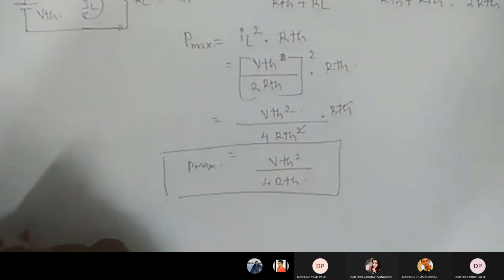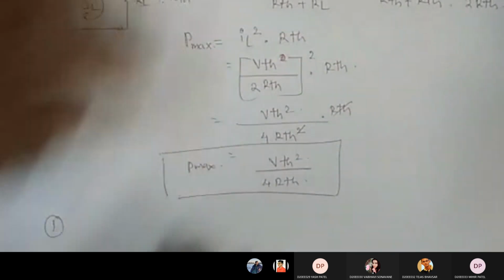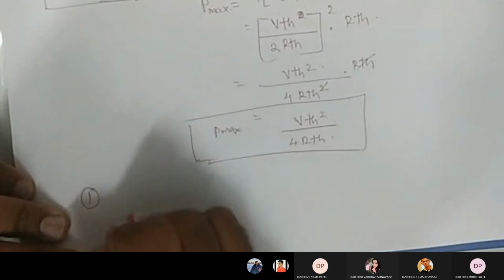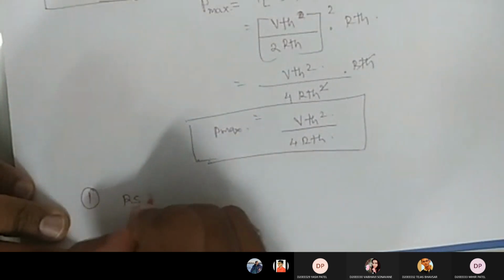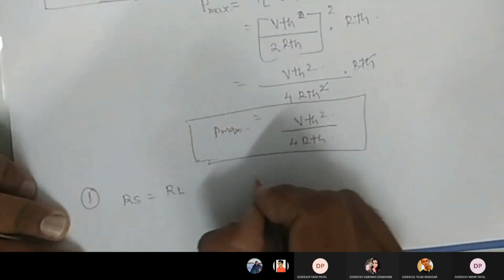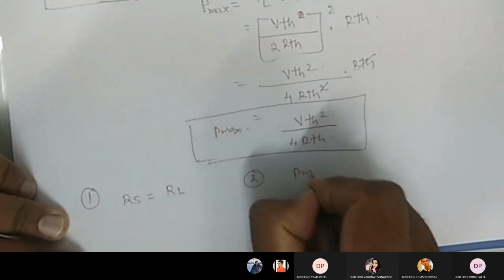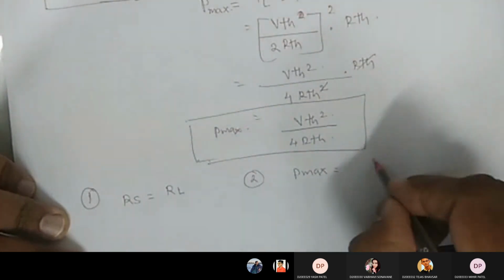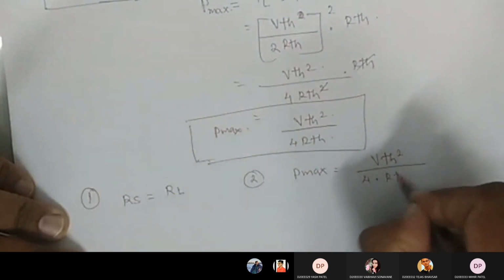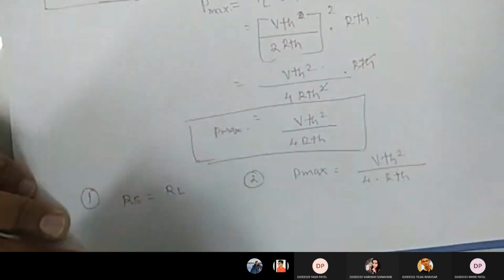So in the maximum power transfer theorem, we have got two main formulas. First, the load resistance will be equal to the source resistance. Second, we have got the P max. What is the formula for P max? VTH square upon 4 into RTH. We will see what VTH and RTH are in the example.